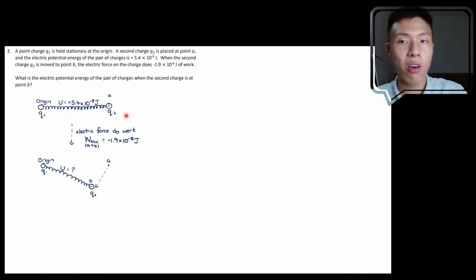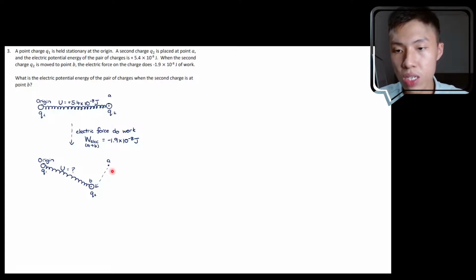It's your hand or some third party doing the work. But now it says it's an electric force that does the work, so it's work done by elect. Okay, elect represents electric. Okay, so the question says what is the electric potential energy of the pair of charges when the second charge is at point B.